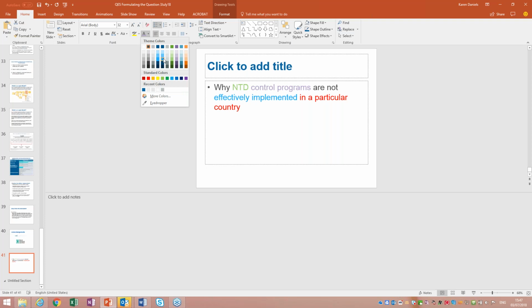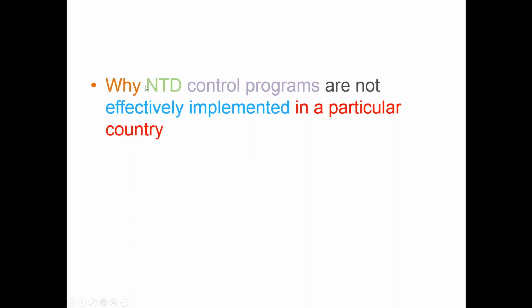And then you want to know another part of that question, which is your why part. So already we have the why that you want to know. You've got the particular area, neglected tropical diseases. You know you want to look at that as a control program. You know what you want to know about, which is effective implementation, and in a particular country.